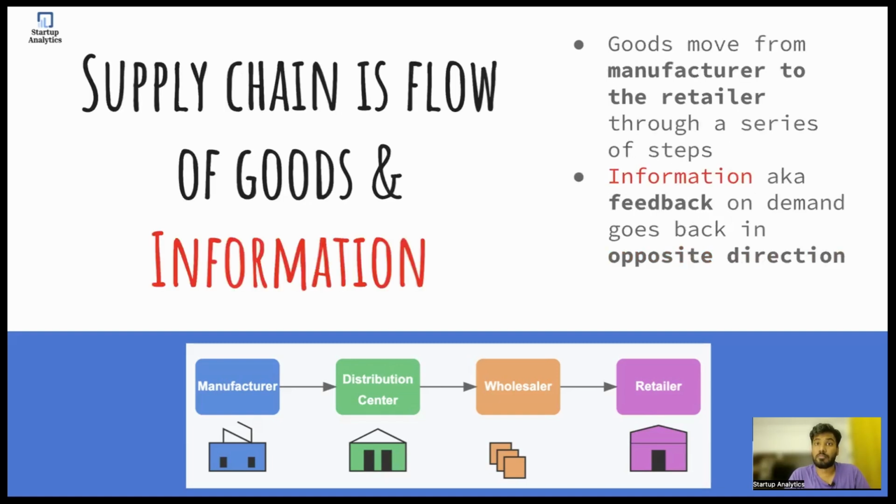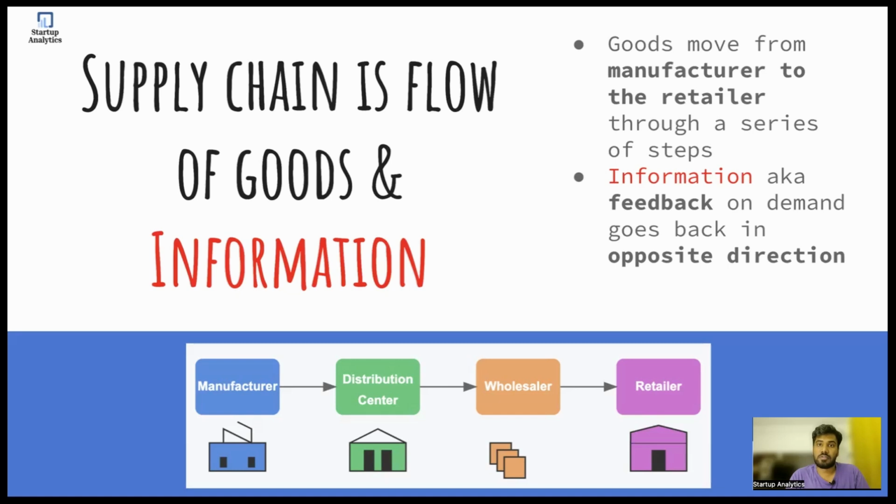Supply chain is movement of goods, but beyond that, it's also a reverse flow of information or feedback right from the end retailer, who actually conveys the information about what products are selling fast, what are not selling fast enough, how the movement of goods was like.